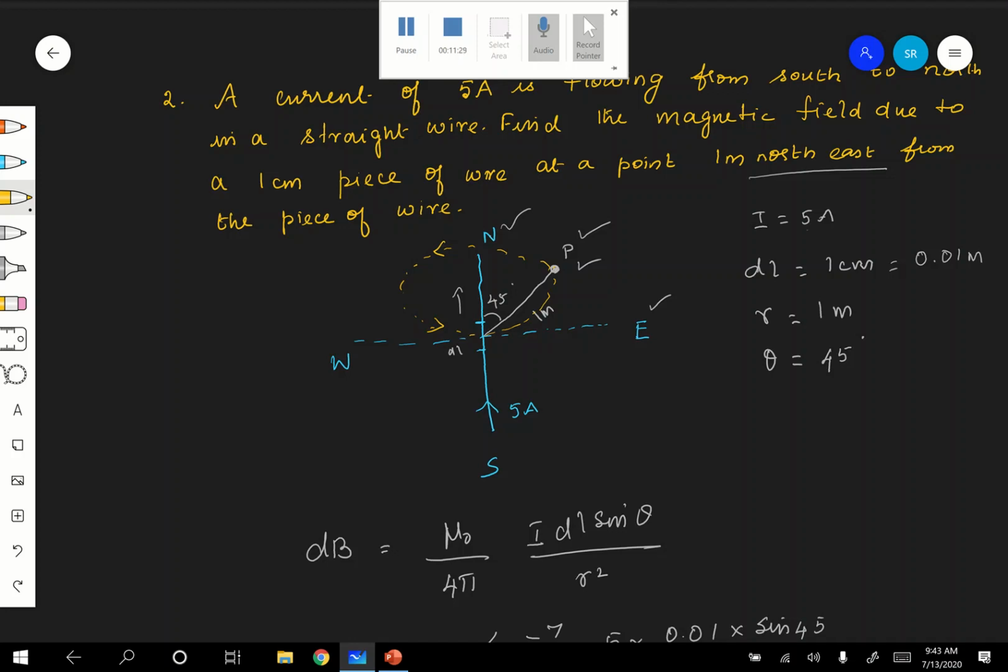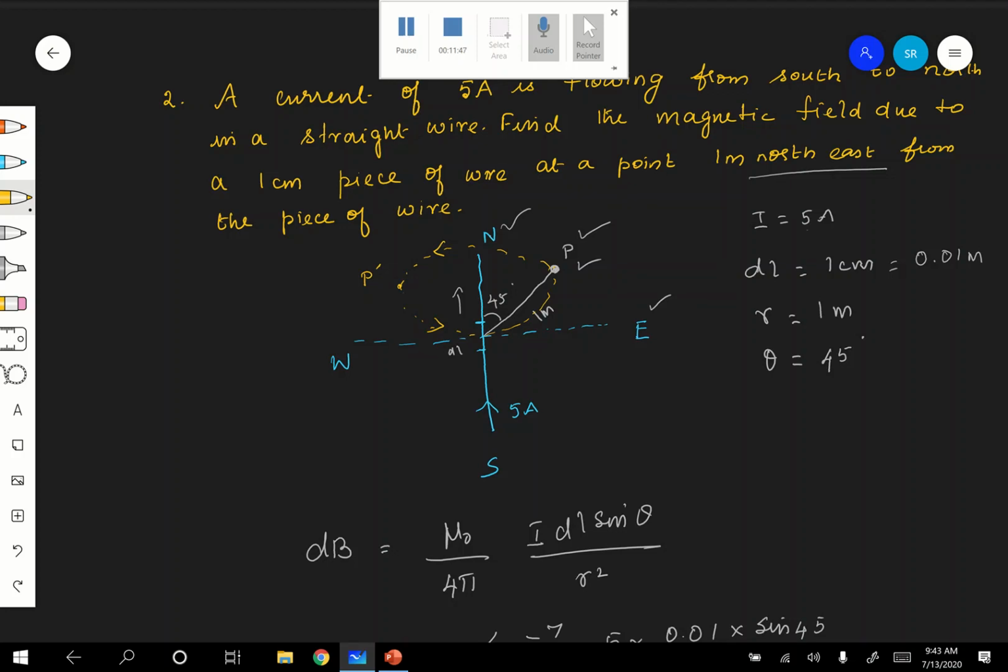Therefore at P, it goes inside, downward. If you take the point symmetrically at P dash here, it will be coming outward, perpendicular to the plane of the board or your paper.